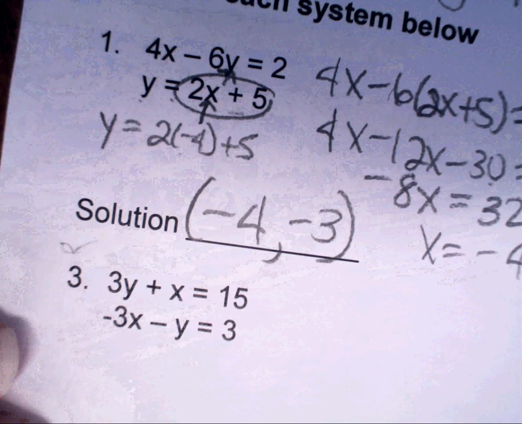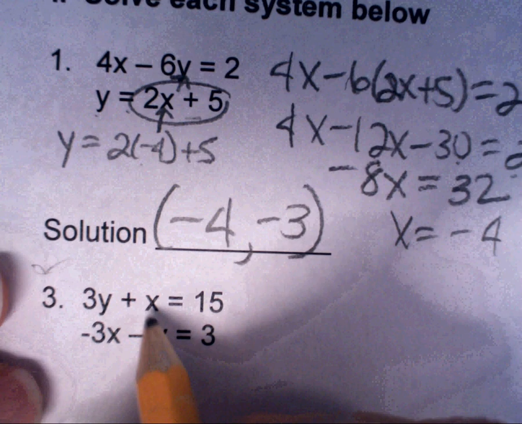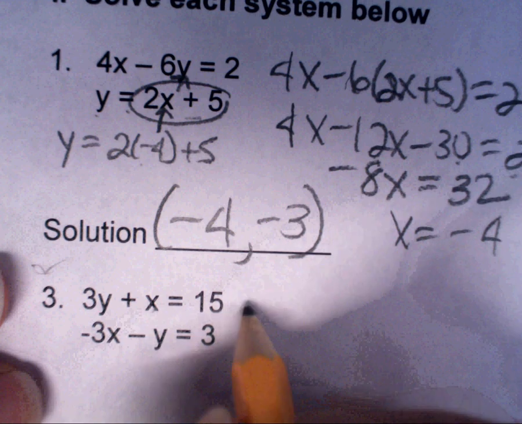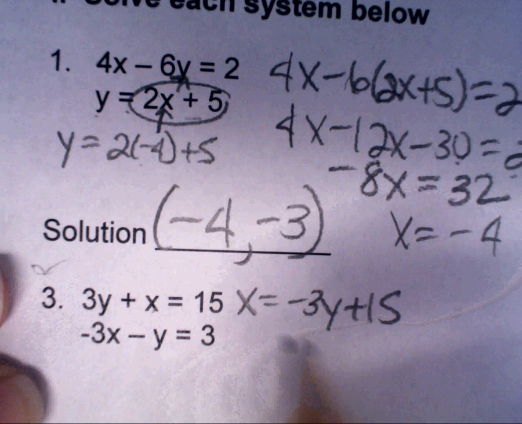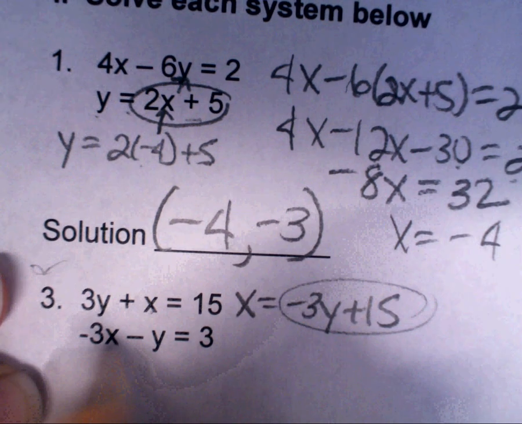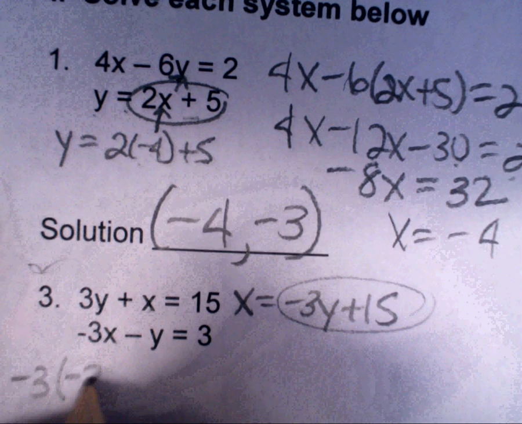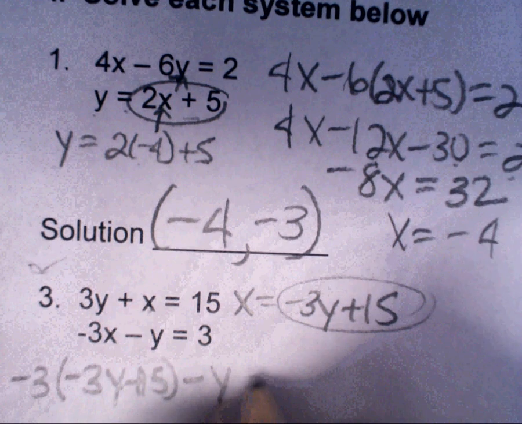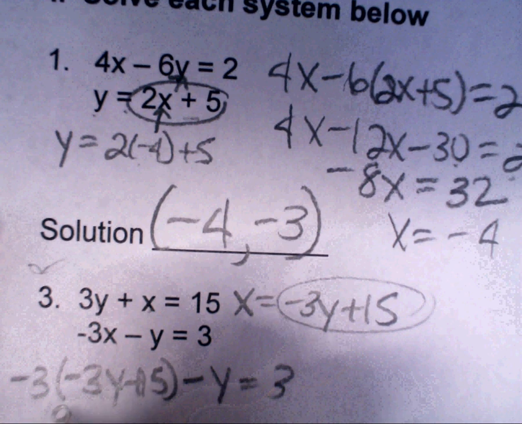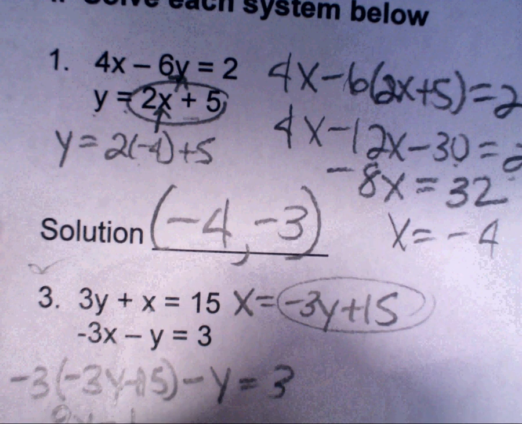So how about one like number 3? For number 3, I would honestly get x by itself right here. So x equals negative 3y plus 15. I could take all this and substitute it for x, so negative 3 times negative 3y plus 15 minus y equals 3, 9y minus 45.